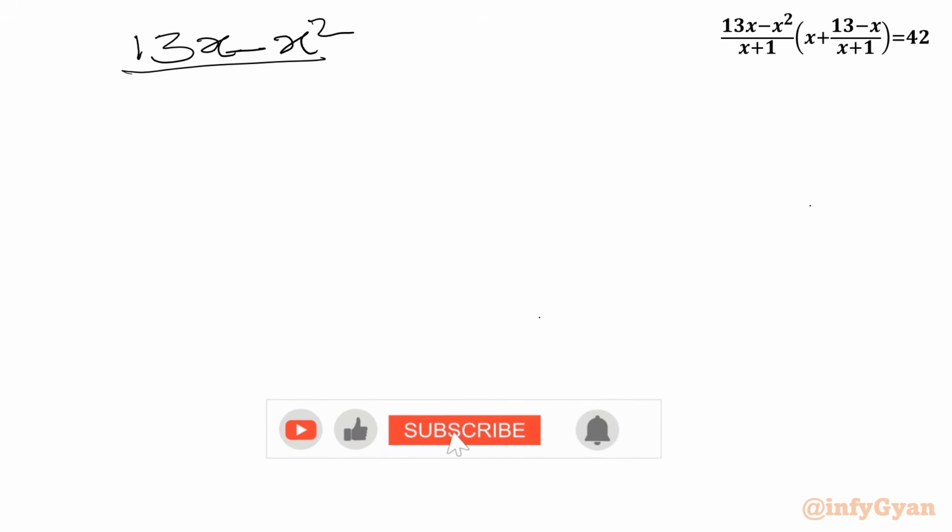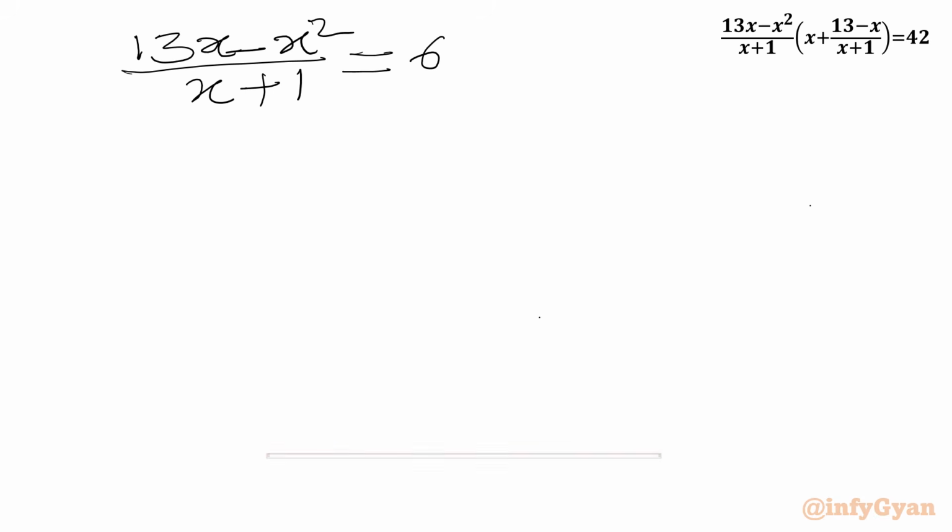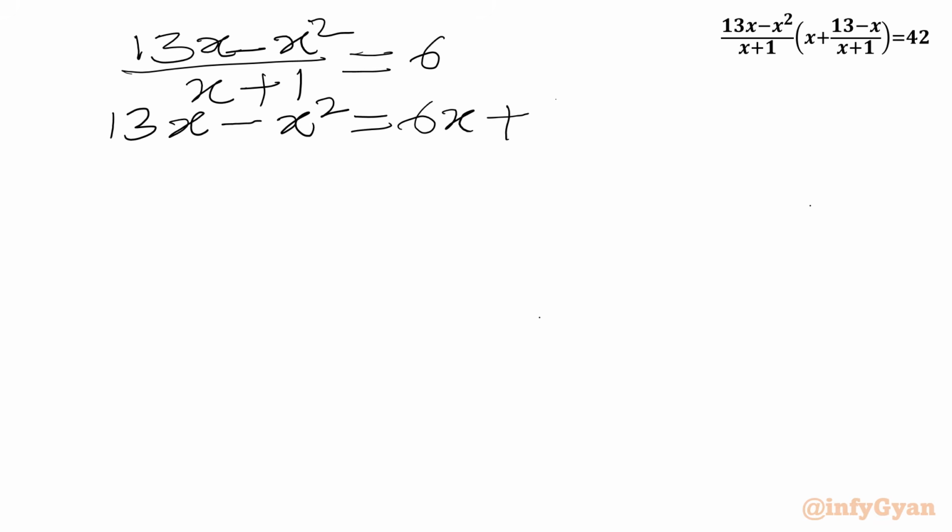After cross multiplying, 13x minus x square will be equal to 6x plus 6. By writing all the terms to the RHS, x square minus 7x plus 6 equal to 0.